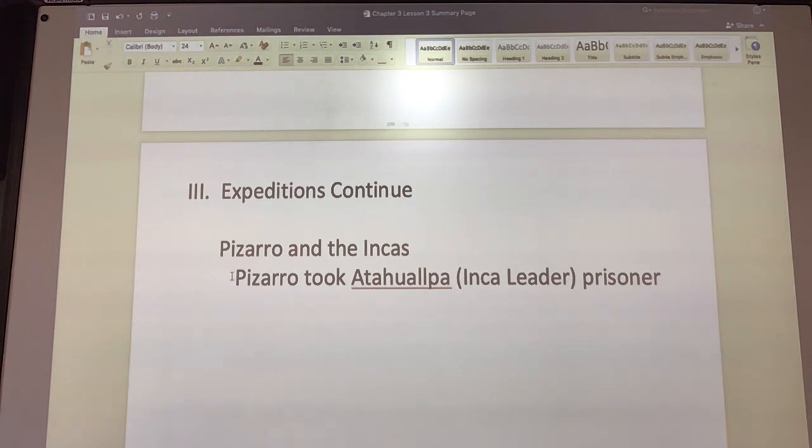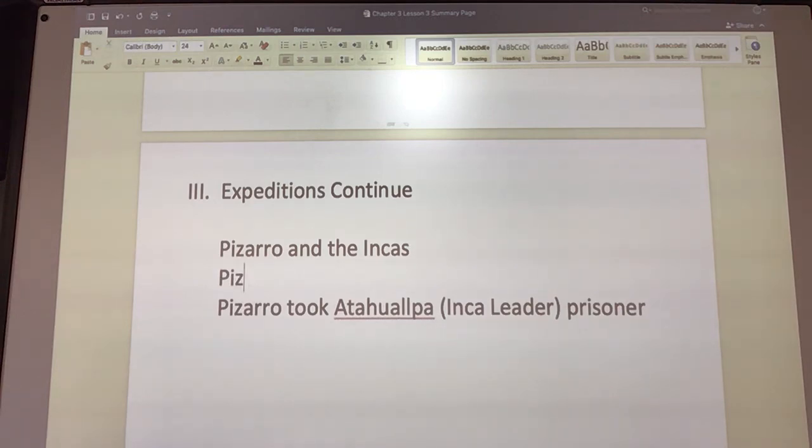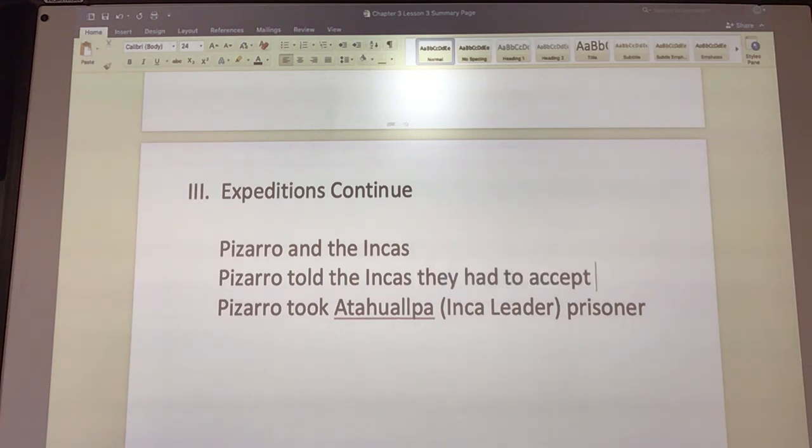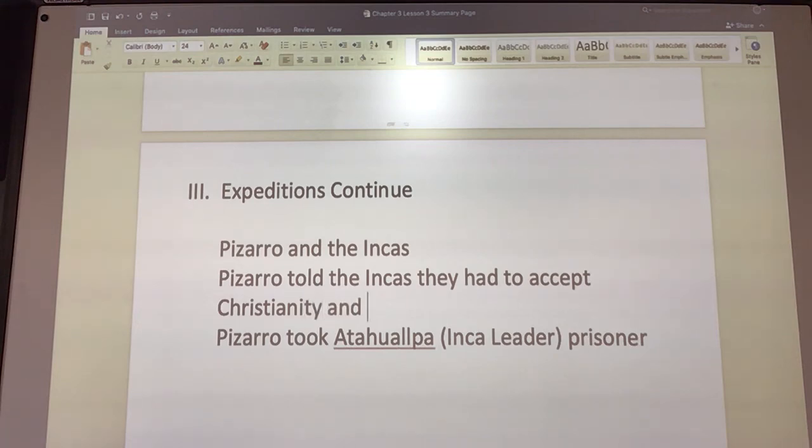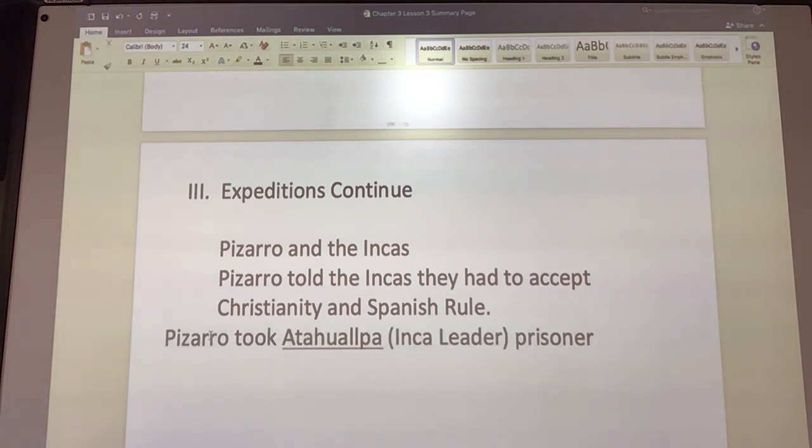Pizarro told the Incas they had to accept Christianity and Spanish rule. So then he takes their leader prisoner.